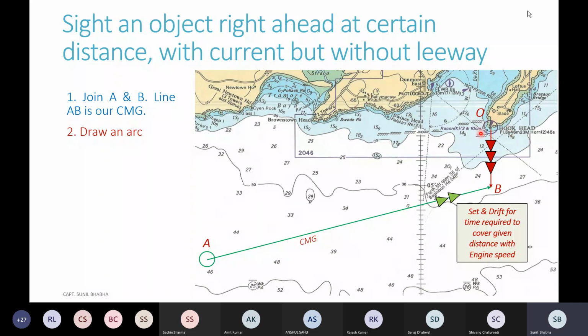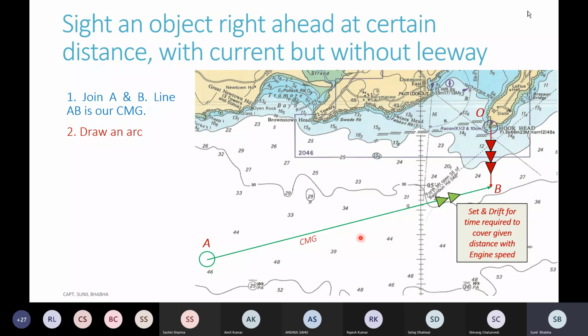Keep your compass centered at the lighthouse, in this case, the Hook Headlight. So compass is centered at Hook Headlight. The compass is open, radius is equal to the distance at which it should be sighted right ahead. And now we are going to draw an arc so that the arc cuts our course made good line AB.